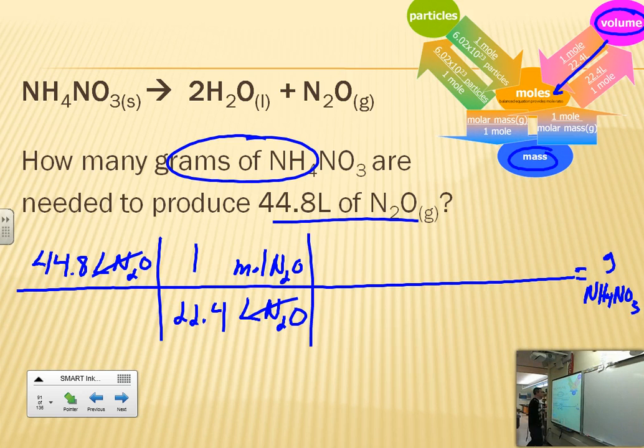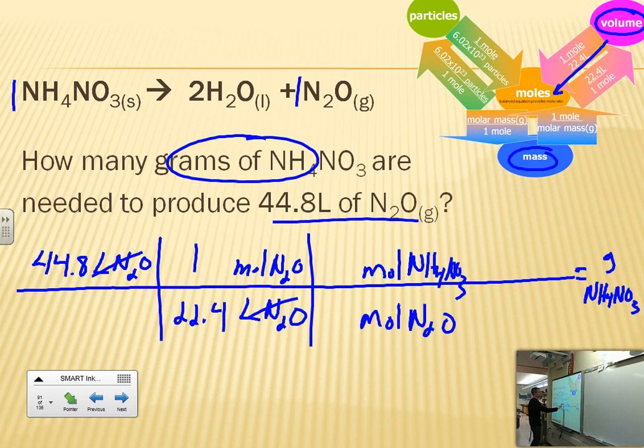So step number 2 here is going to be to get rid of moles N2O, and we want to get moles NH4NO3, okay, or ammonium nitrate. Now, if we can plug the numbers in right now, I look at my equation. In this case, it's 1 to 1, right?